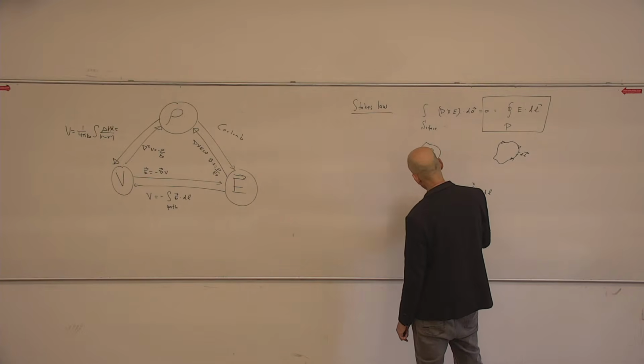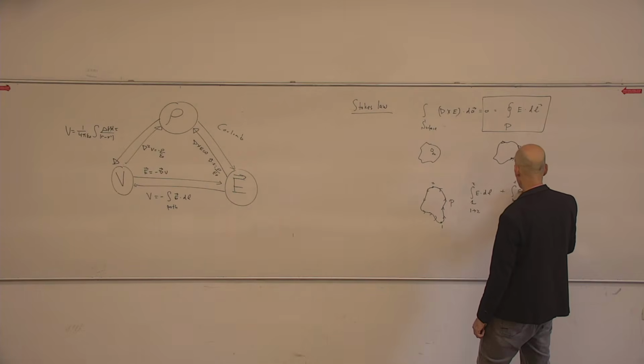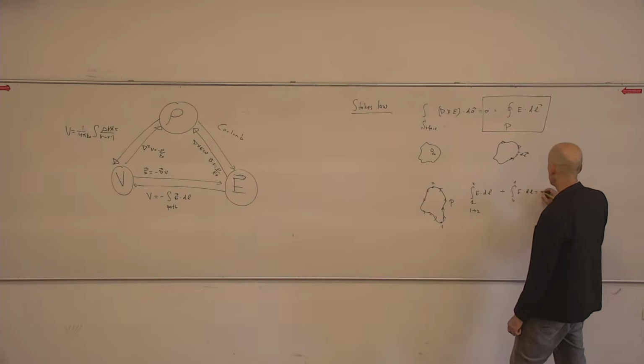And then I have another integral that I go down. 2 to 1, E dl. Again, along this path now, this is equal 0.